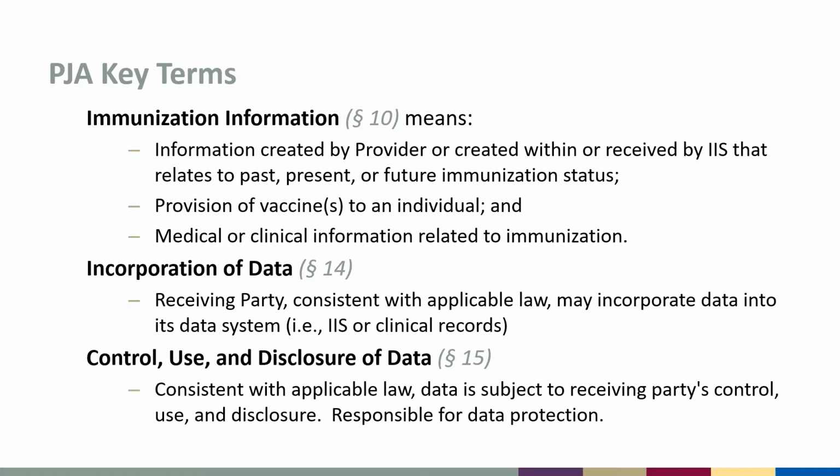Note that there is an incorporation of data term, which allows the receiving party to incorporate the data into its own data system, into its own IIS. Then there is control, use, and disclosure of data. The data is subject to the receiving party's control, use, and disclosure, and the receiving party is responsible for the data protection itself. Next slide.